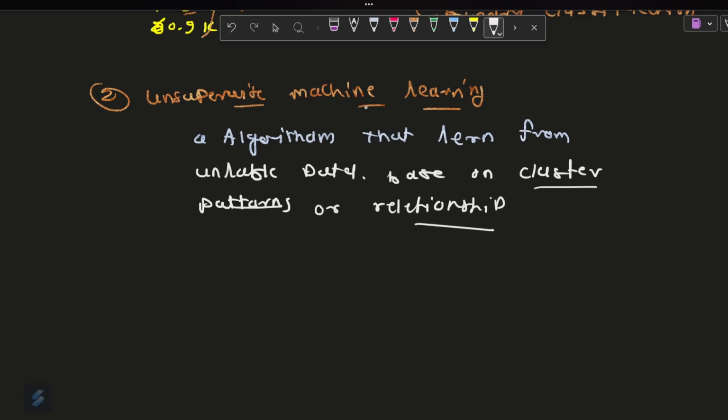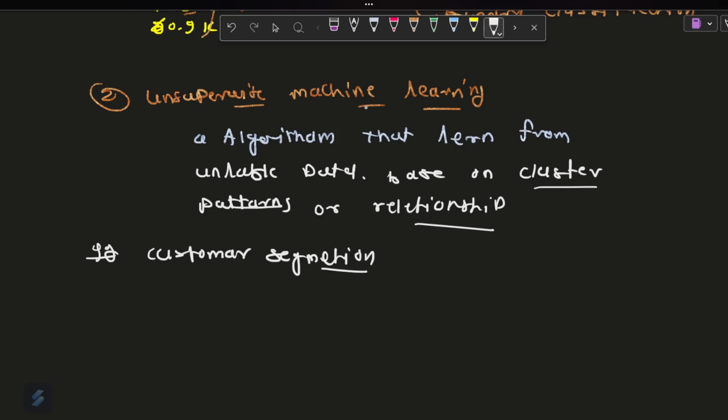When we talk about an example, it is customer segmentation.